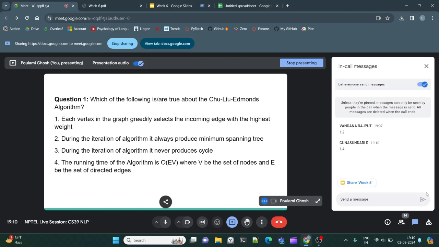So you're saying that it may or may not produce a minimum spanning tree at all times. How about option 3? Is there a possibility of creating a cycle at any point of the iteration?